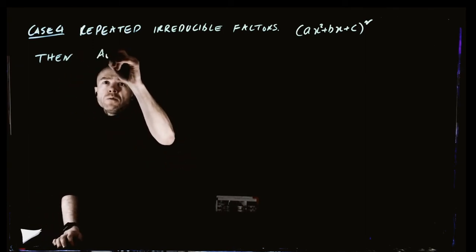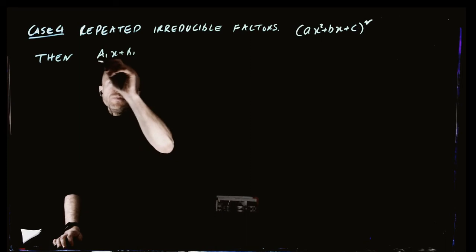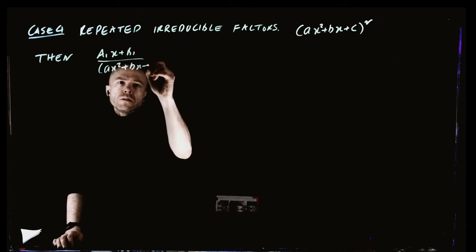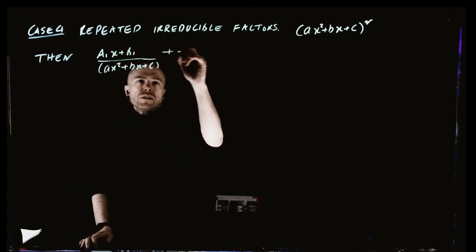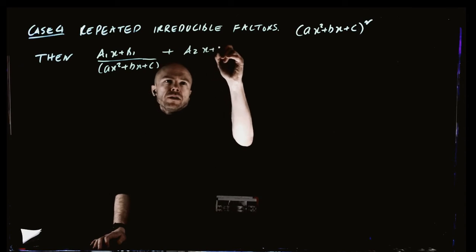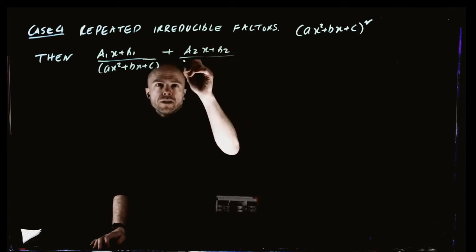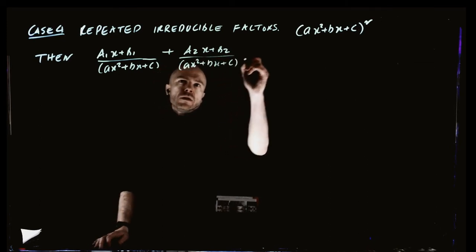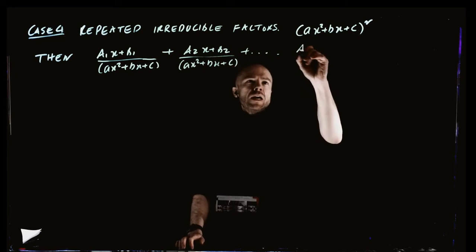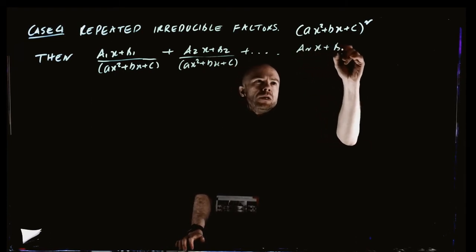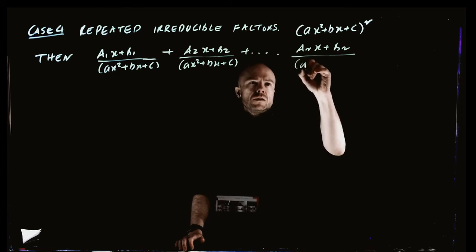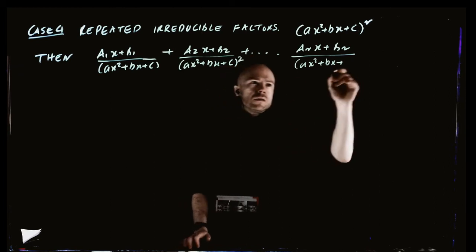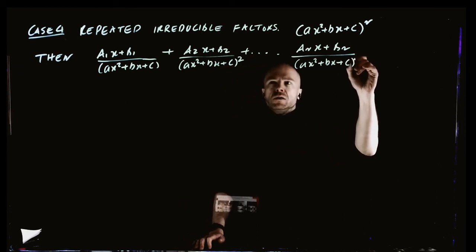We're going to have to write a1x plus b1 over the quadratic to the power 1, plus a2x plus b2 over the quadratic to the power 2, and so on until we have arx plus br over the quadratic to the power r.